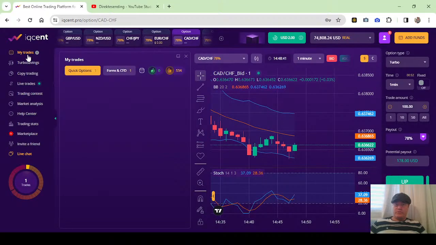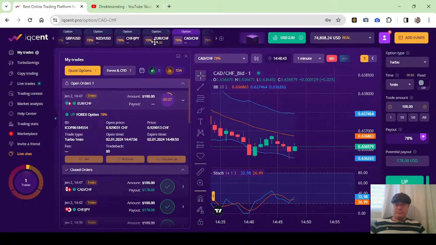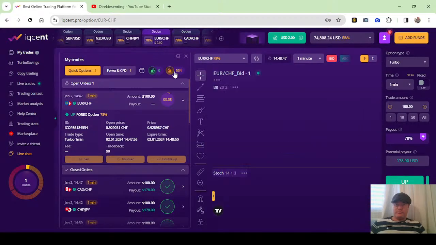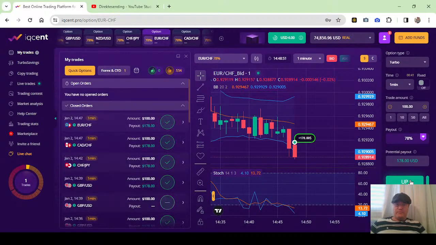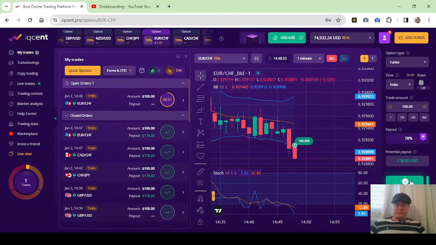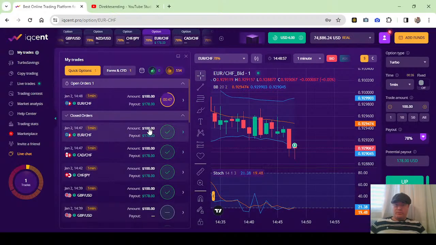Now, what's going on here? It's in and out of the money. Let's see. If we fill up the bar, I will take one more there. But no, we won it actually. 78. Plus 78.